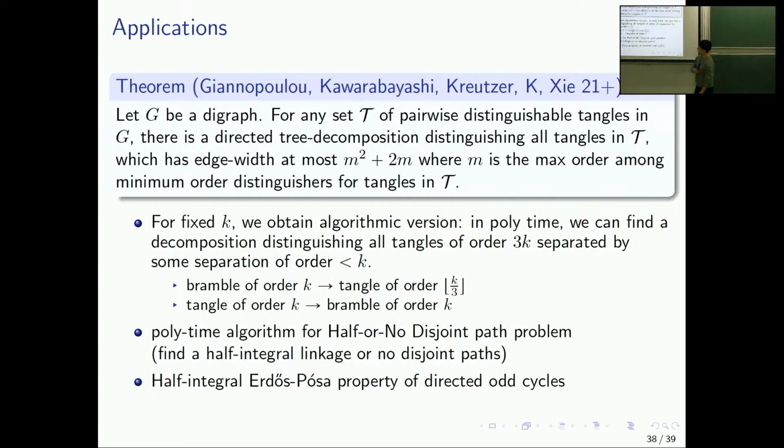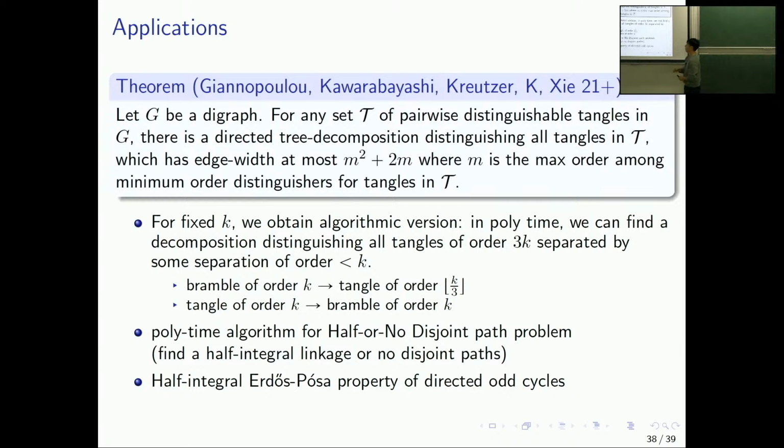And we obtain a polynomial time algorithm for the half-integral disjoint paths problem, which asks, for any pairs S1, T1, and S2, T2, and so on, to find the half-integral linkage, or say there are no vertex-disjoint paths. So we can solve this using the tangle tree decomposition, and then this is just dynamic programming.